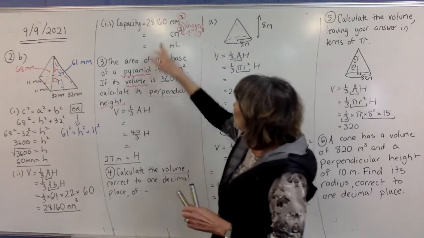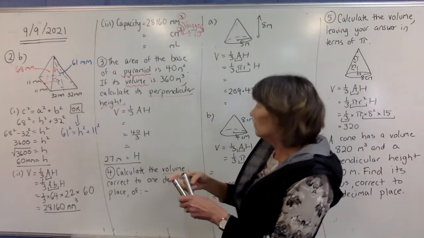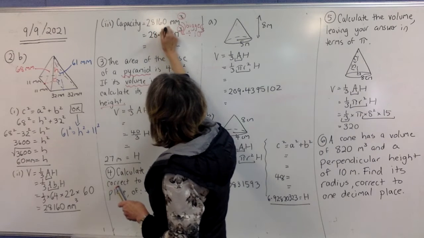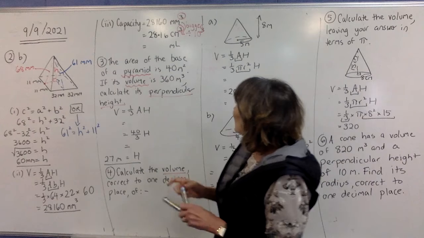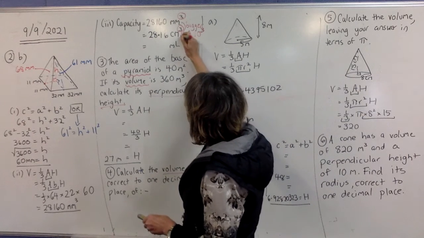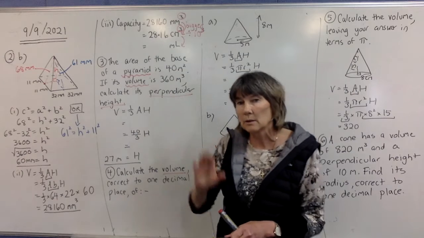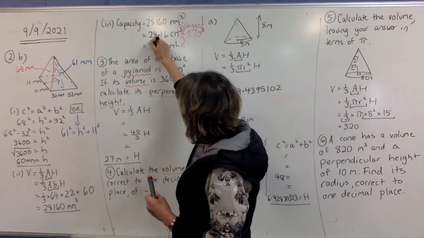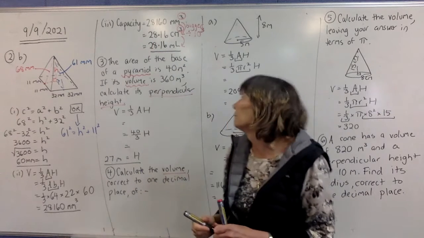So if you do 28,160 divided by 10 cubed, you will end up with this, 28.16 centimetres cubed. And then to convert from here to here, 1 centimetre cubed equals 1 millilitre. So the numbers don't change. So that many centimetres cubed will be the same number of millilitres, and that's your capacity.